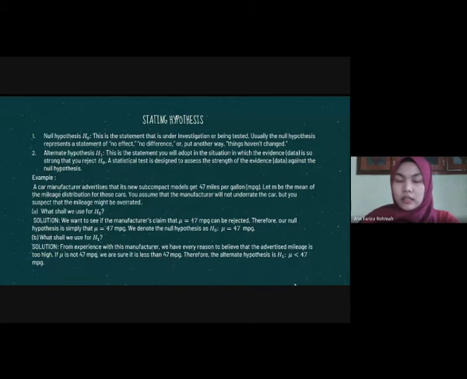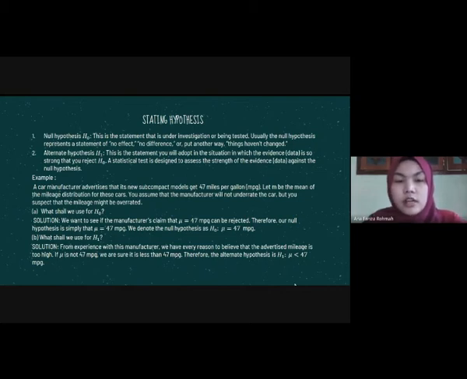This is like proving whether it will be accepted or rejected. So our null hypothesis is simply that mu is equal to 40 miles per gallon and not mu equal to 47.